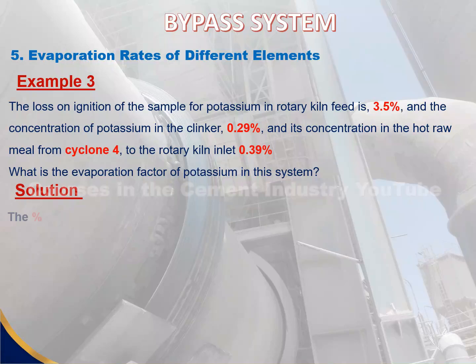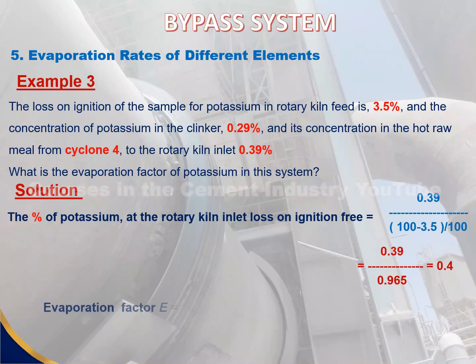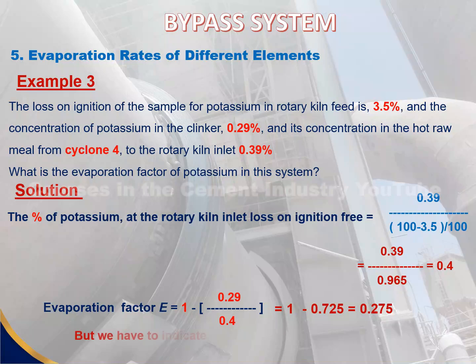Solution. The percent of potassium at the rotary kiln inlet, loss on ignition free, equals. Evaporation factor, E equals. But we have to indicate what is the meaning of the value obtained from the previous.